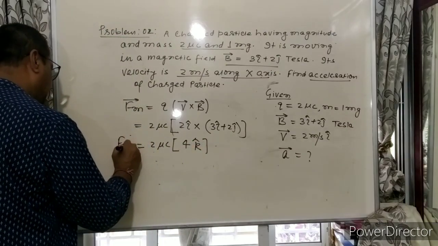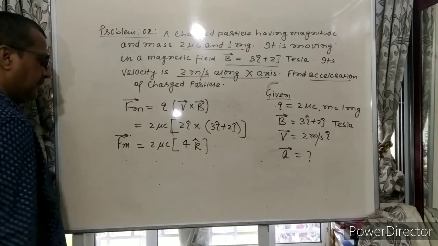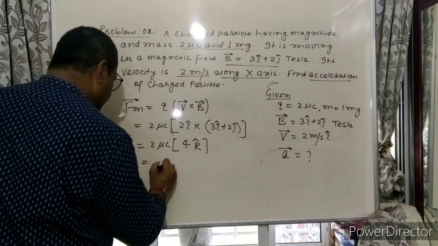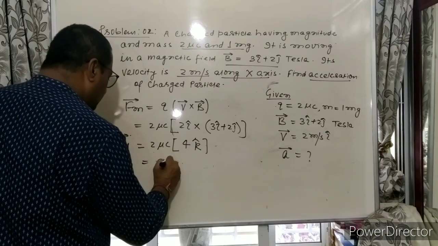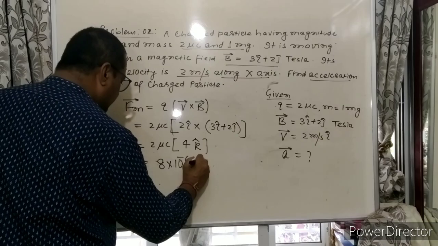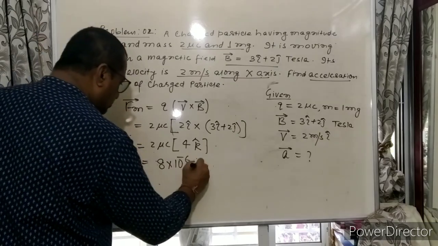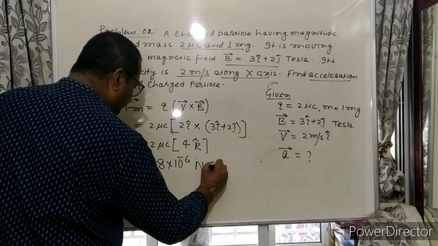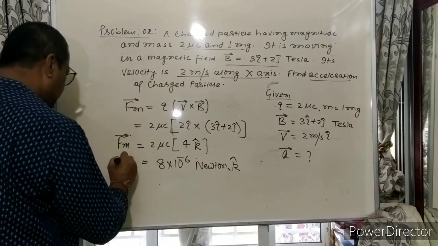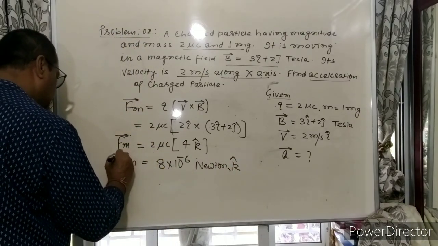This is the value of the cross product. Now 2 microcoulomb times 4 is 8, micro is 10 to the power minus 6. So the force will be 8 into 10 to the power minus 6 Newton, and its direction will be K cap. This is the magnetic Lorentz force.